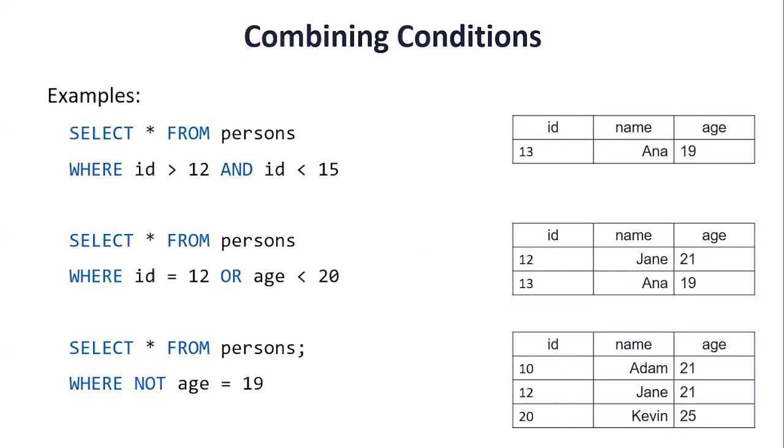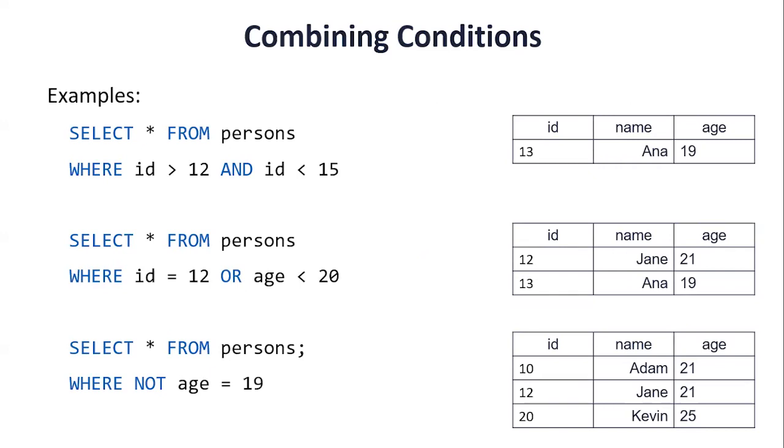So there are a few examples for that as well. We have select all from persons where ID is greater than 12 and ID is less than 15. So we should get all the people with IDs between 12 and 15. There's only one.